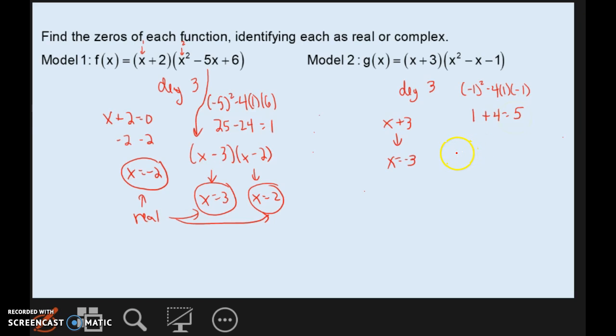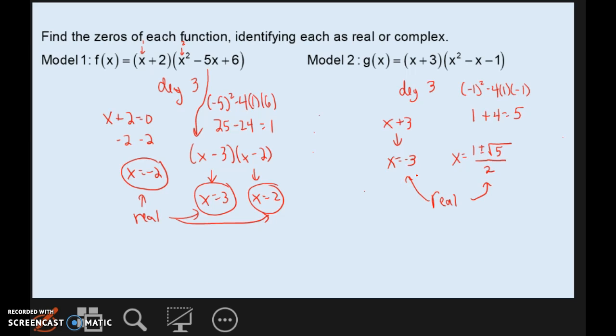So for my solution, I'm going to use the quadratic formula. I'm going to take the opposite of b, so the opposite of -1 is 1, plus or minus the square root of the discriminant, which is 5, which I've already calculated, so I can just plug that in. And then 2 times 1 is 2. Because I don't have any imaginary components, no square root of negative numbers, these are considered real.